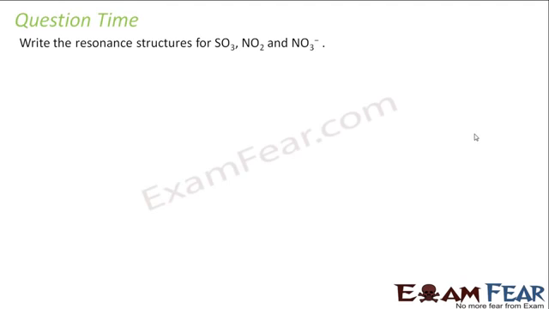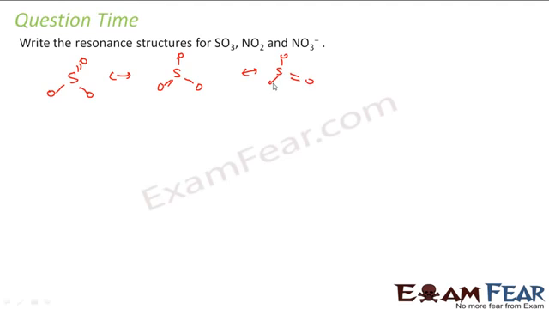Write the resonance structure for SO3, NO2 and NO3 minus. See, for SO3 we get something like this, or we can get something like this, O double bond here, or we can get something like this. Any of this is true. Correct? For NO2 I can have double bond with this oxygen, or I can have double bond with this oxygen.